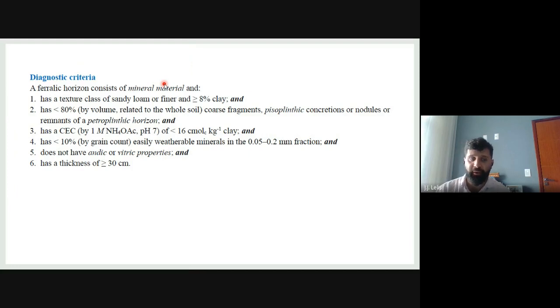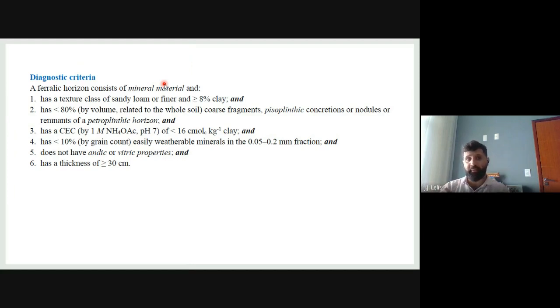And the Ferralic horizon possesses a clay content very close to the horizons in the surface or the overlying horizon. So in the opposite of the argic horizon, the Ferralic horizon possesses a clay content that's very similar between all the horizons.